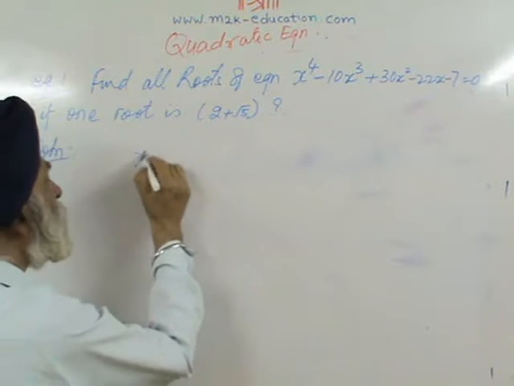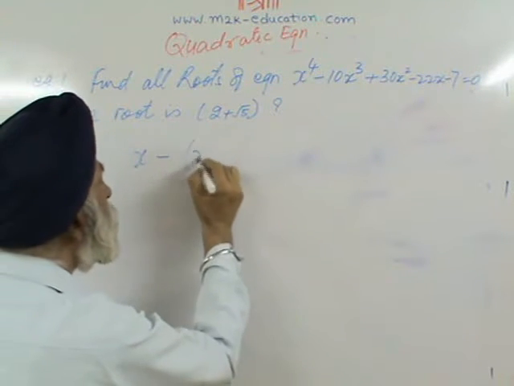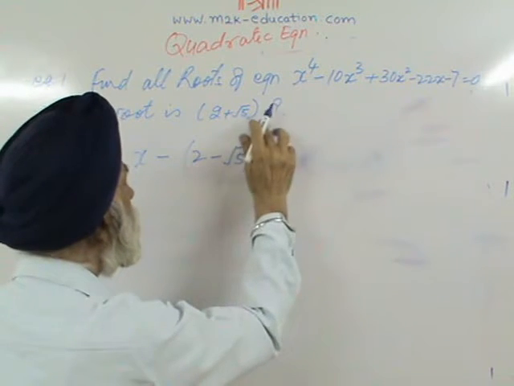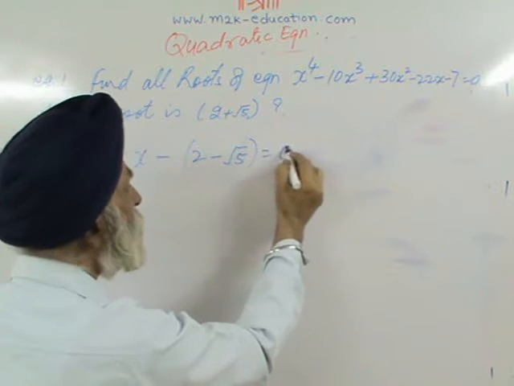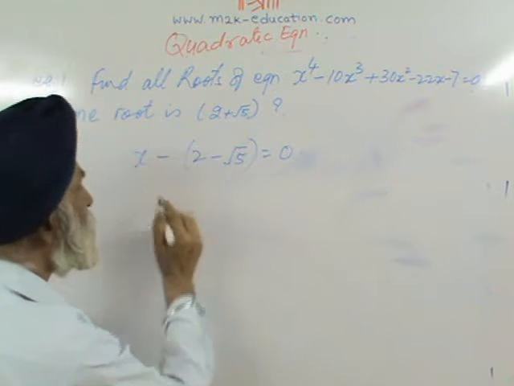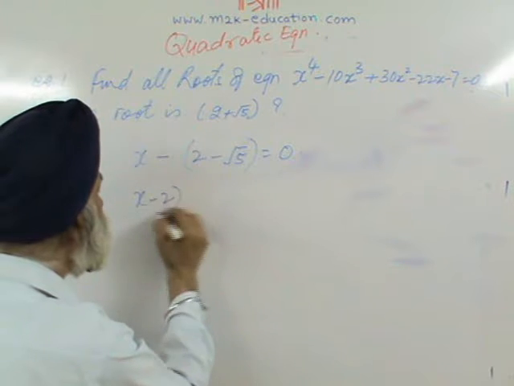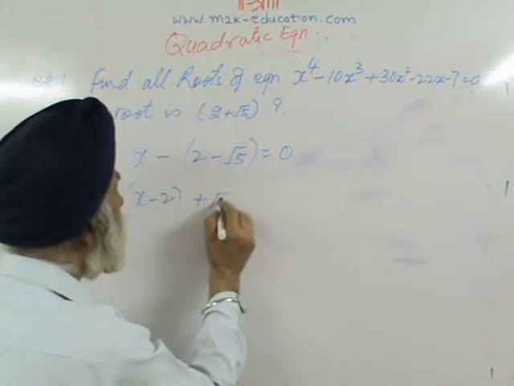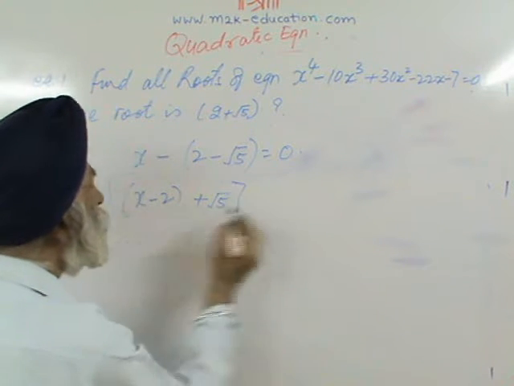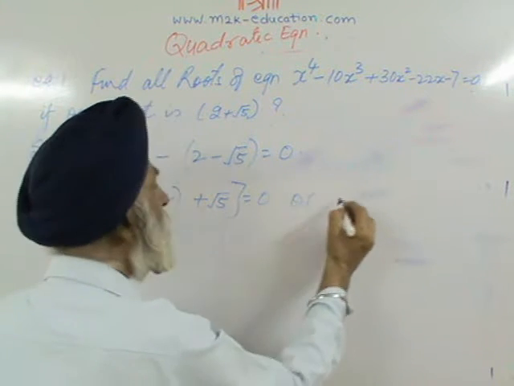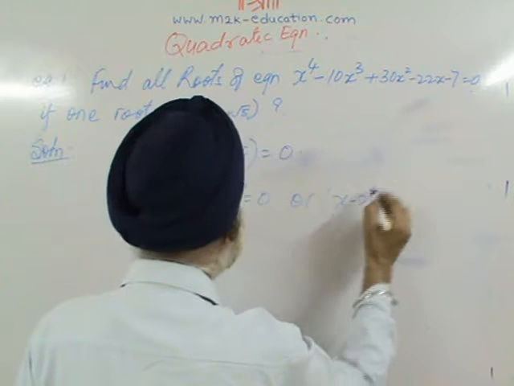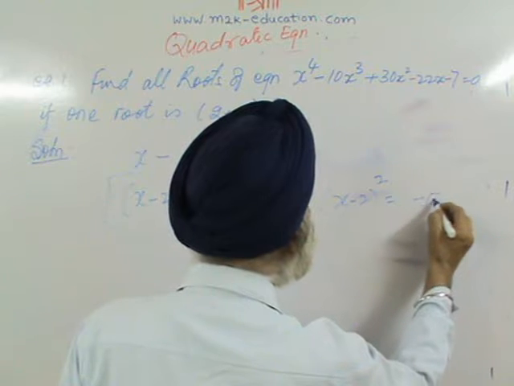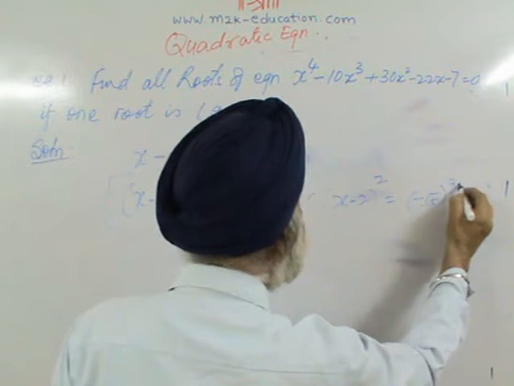So the conjugate root will have 2 minus root 5 equal to 0 as one of the factors. So I can say x minus 2 plus root 5 equal to 0, or x minus 2 whole square equal to minus root 5 whole square.